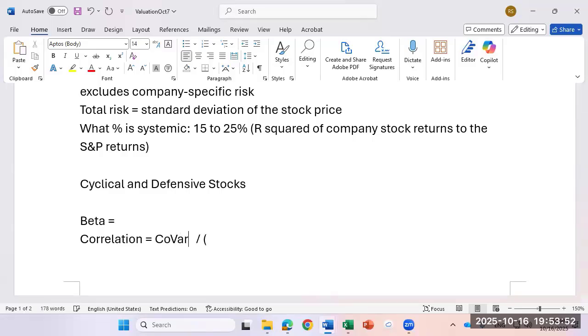Covariance divided by standard deviation. Well, what's beta? I remember I said the formulas are very similar. Covariance divided by what? Standard deviation times, but which standard deviation?